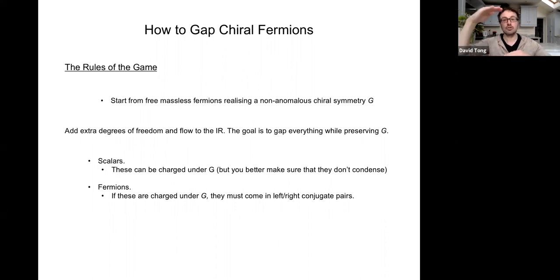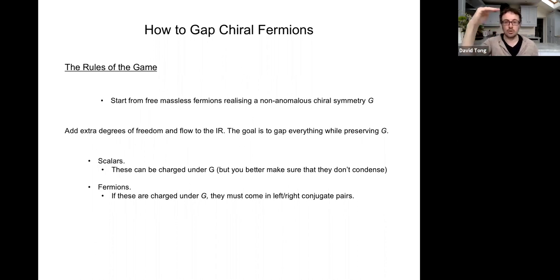Next, among this extra massive stuff, you can add some fermions. And moreover, you can add fermions that themselves are charged under G. However, any fermions in the massive stuff have to come in vector-like pairs where there's a left and a right-handed pair which both transform the same under G. In Lothar's language, this massive stuff, if it's all right-handed, should have in R cross R a singlet so that you can give them a mass.